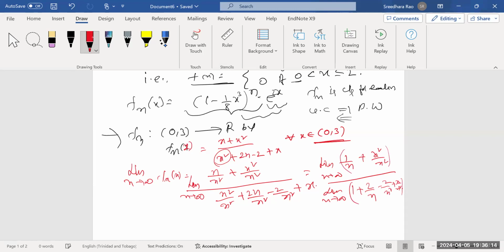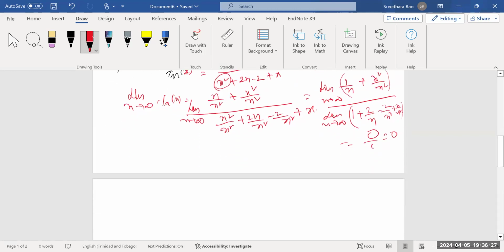All these values approach 0. So actually 0 by 1, that is equal to 0, right? So the given function fn tends to f, where f is the zero function, pointwise on the interval (0, 3).